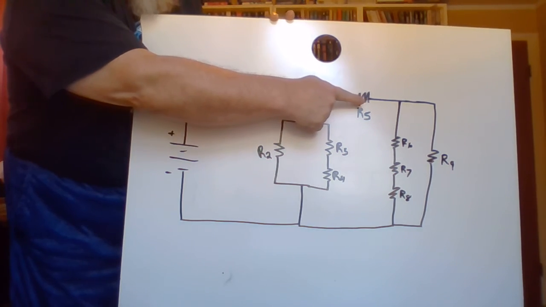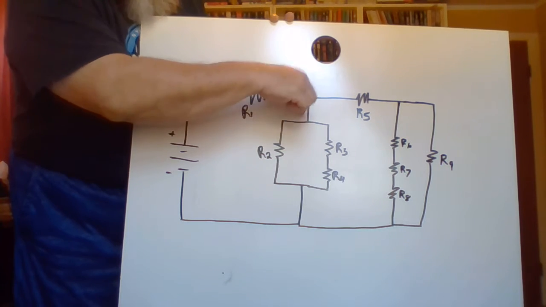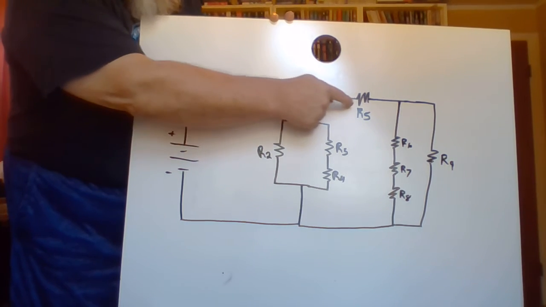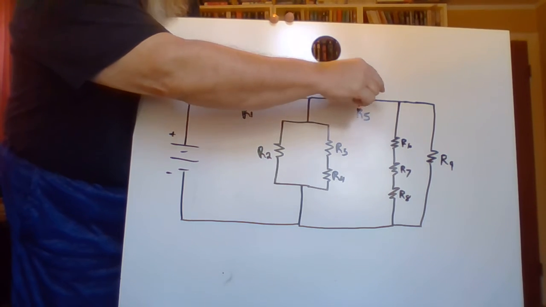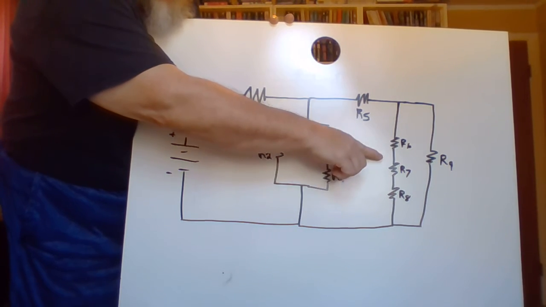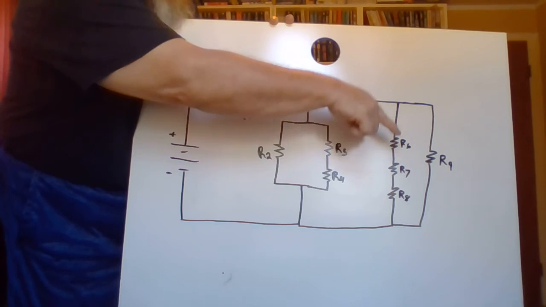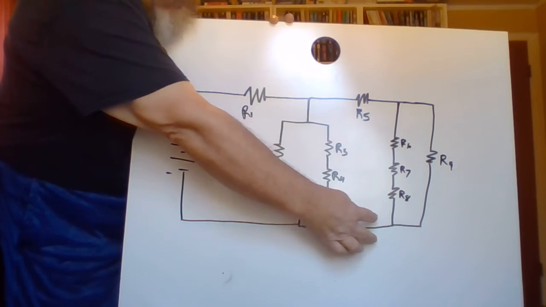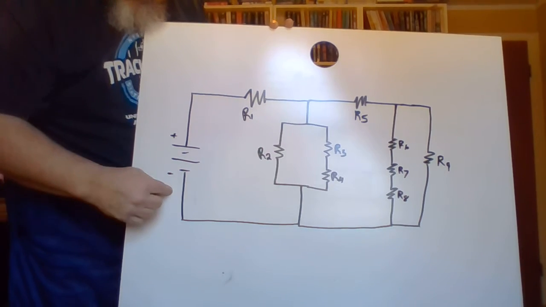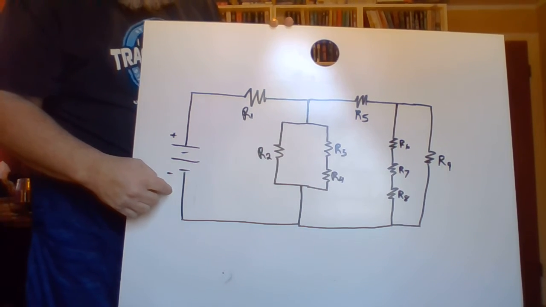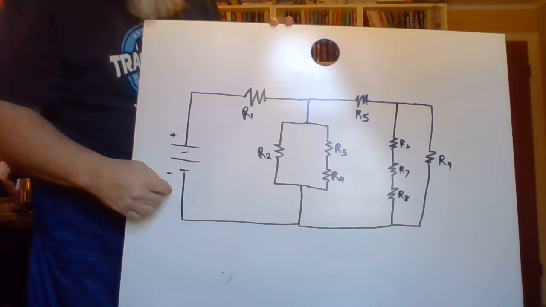The remaining current that didn't split off and go this way continues through R5 and then splits over here at that junction. Some goes through R6, R7, and R8. The rest goes through R9, joins back together, joins back with what went through here. Total current returns to the voltage source.